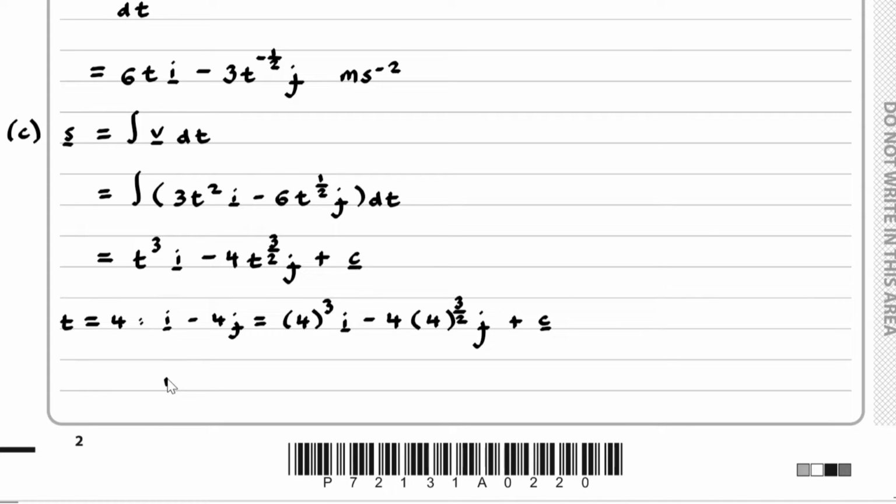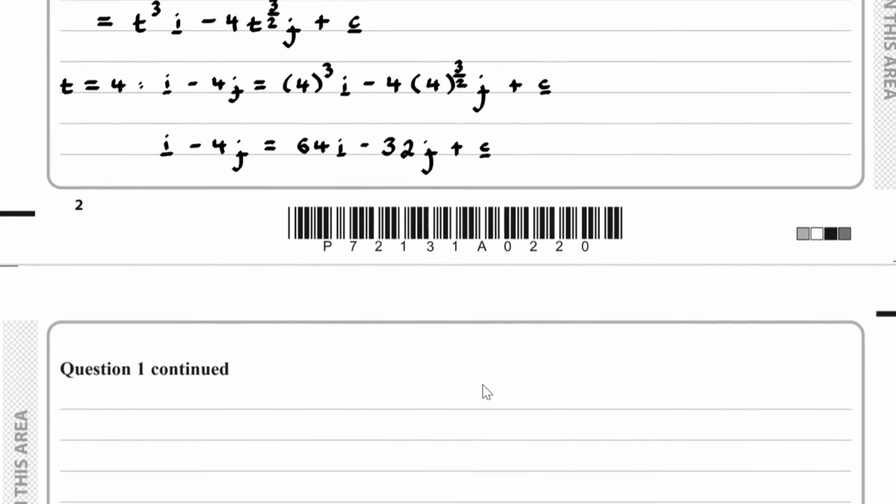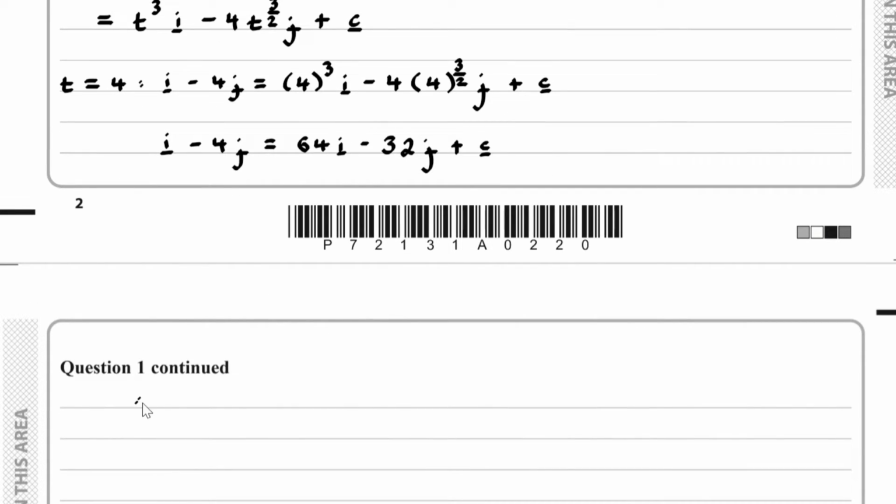So i minus 4j is equal to 64i minus 32j plus c. And what we can then conclude is c equals negative 63i plus 28j.